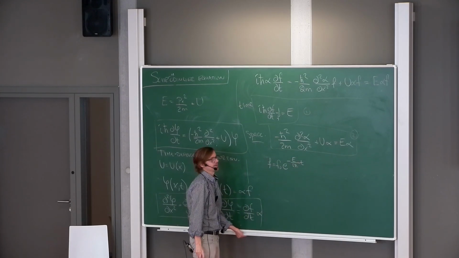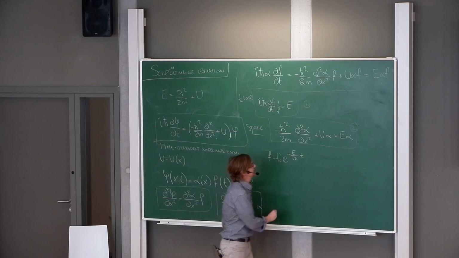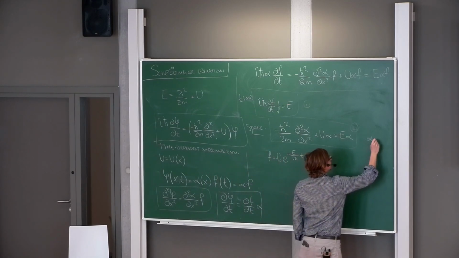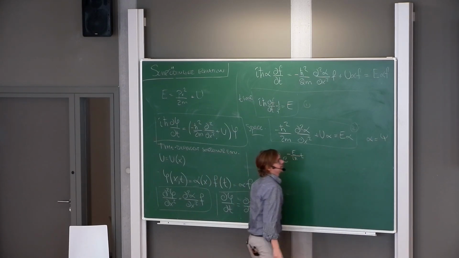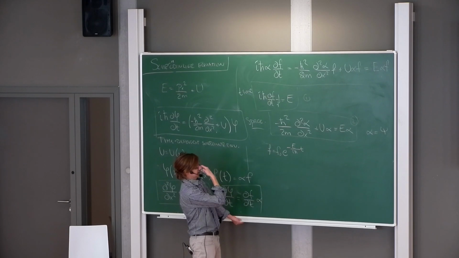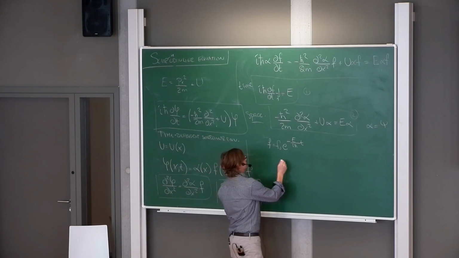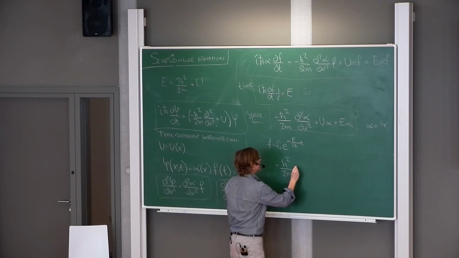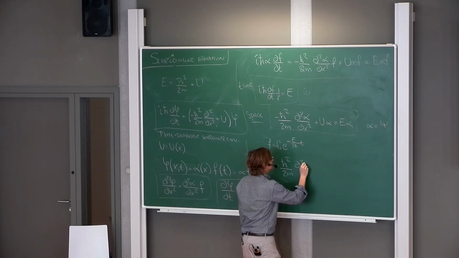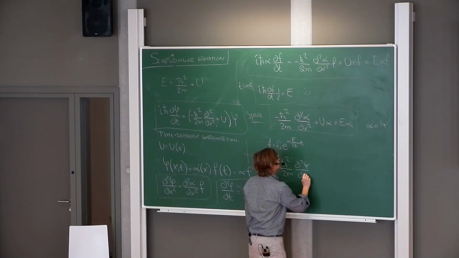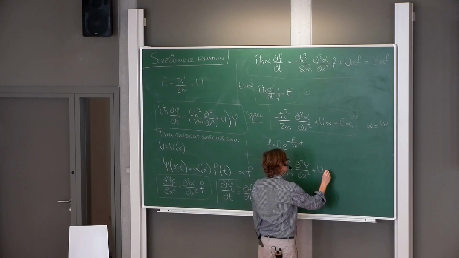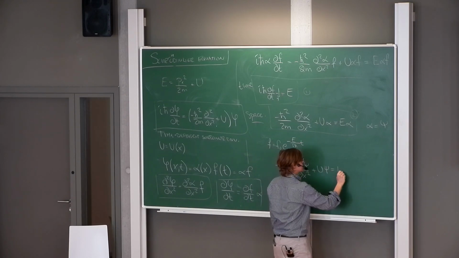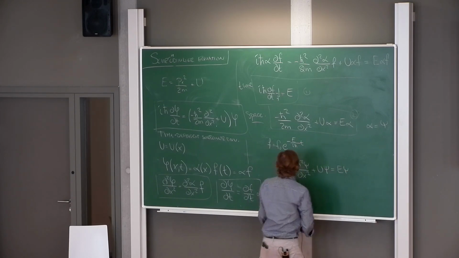The space part here, we're going to replace alpha with our phi. I didn't have to write it so many times, but I did now. Then we get minus h bar squared over 2m, d squared phi dx squared plus U phi equals E phi.